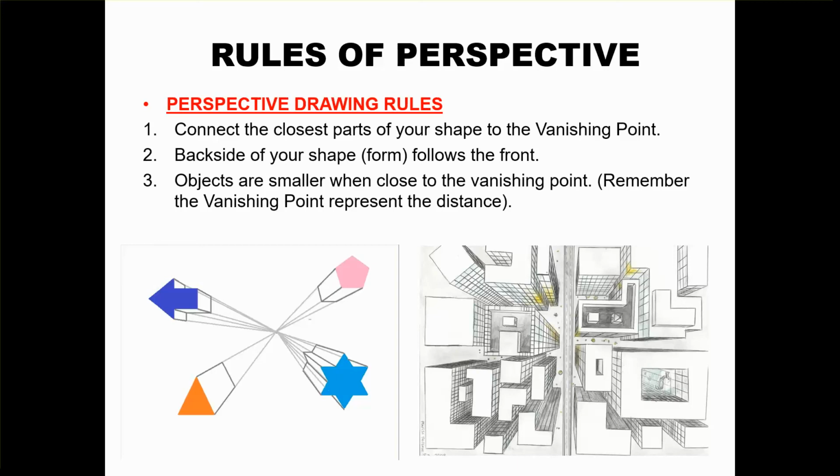So the first one is you connect the closest parts of your shape to the vanishing point. Again, the first rule is connect the closest parts of your shape to the vanishing point.